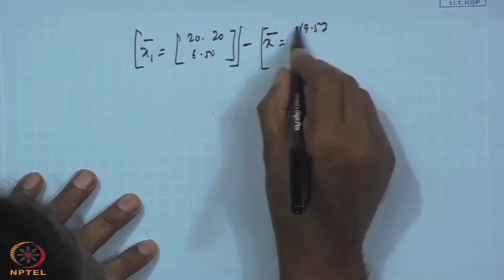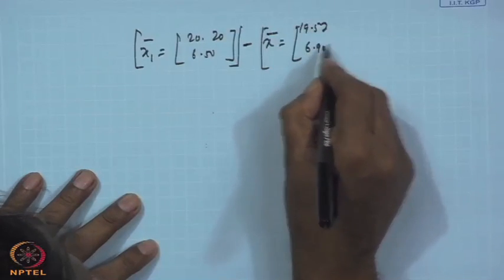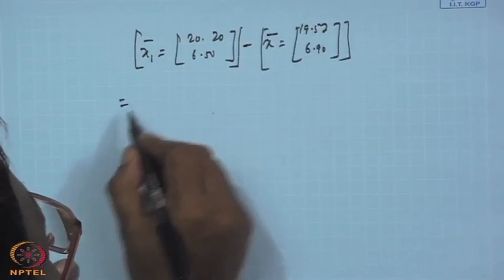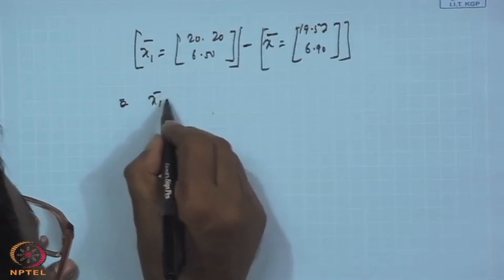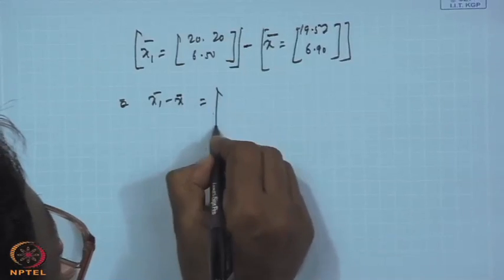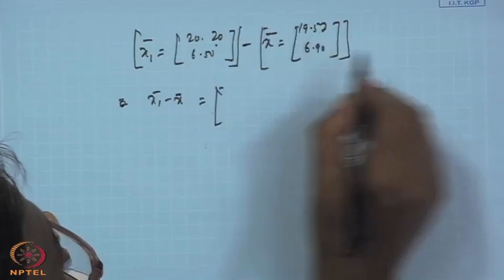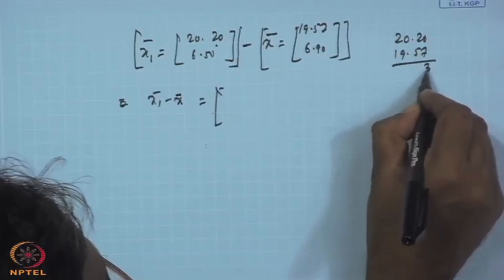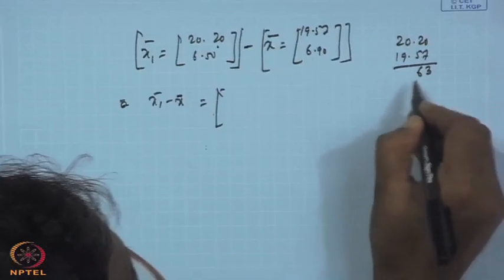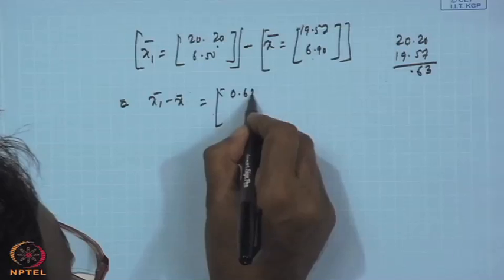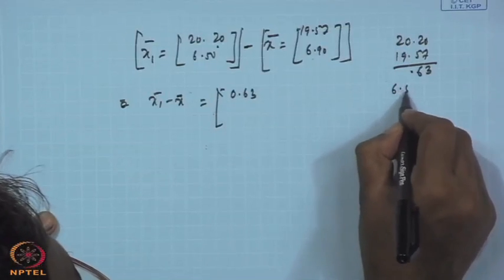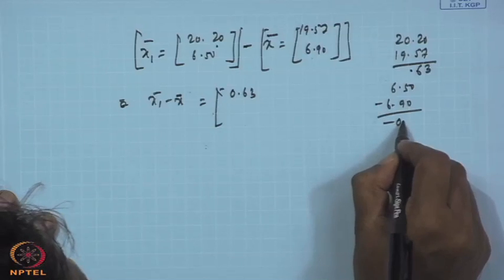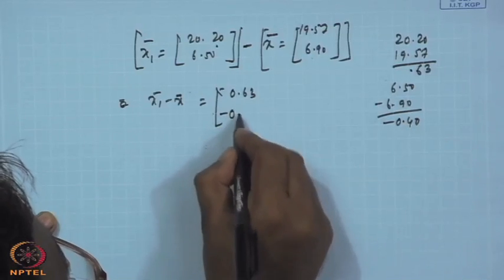This is also a matrix of order 2 cross 1. Then x1 bar minus x bar is 20.20 minus 19.57, which is 0.63. The second one will be 6.50 minus 6.90, which is minus 0.40.